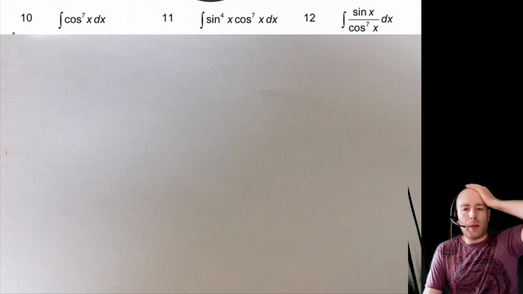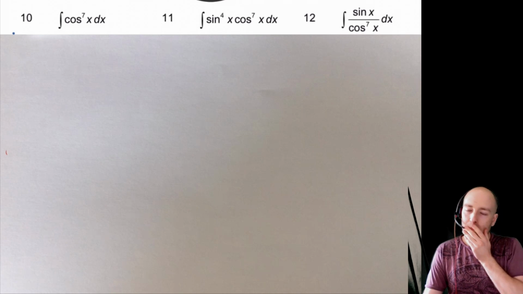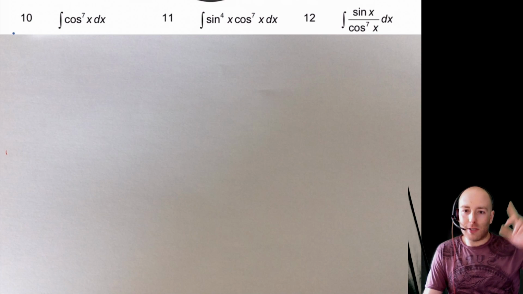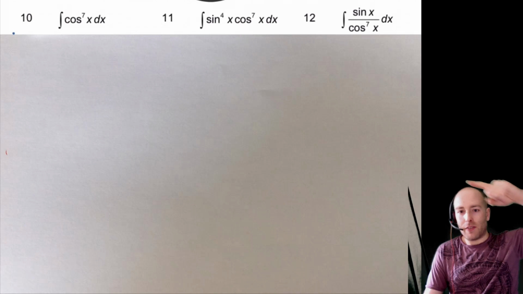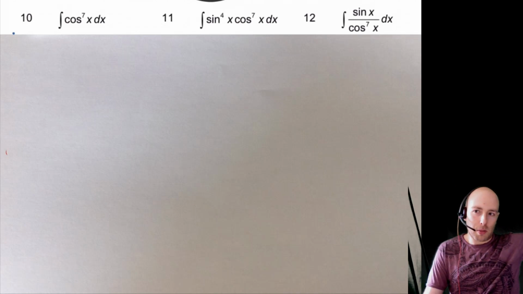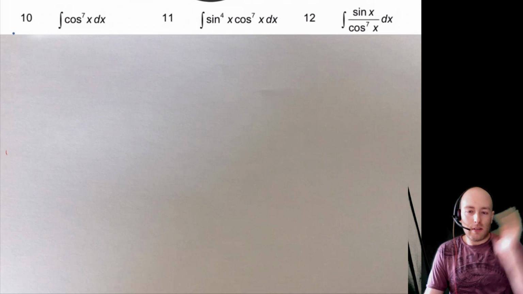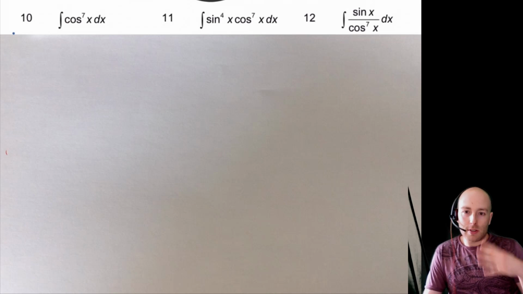Overall, we've got an odd power. I think the easiest way to do this one, to be honest, is to keep what we had for the last one and times every single term by sine to the 4, because you already had it as 1 cos times sine, 1 cos times sine, 1 cos times sine. Let's skip this. I think it's doable. It's the same method as we just did, but because it's a 7 and 4, let's not bother.